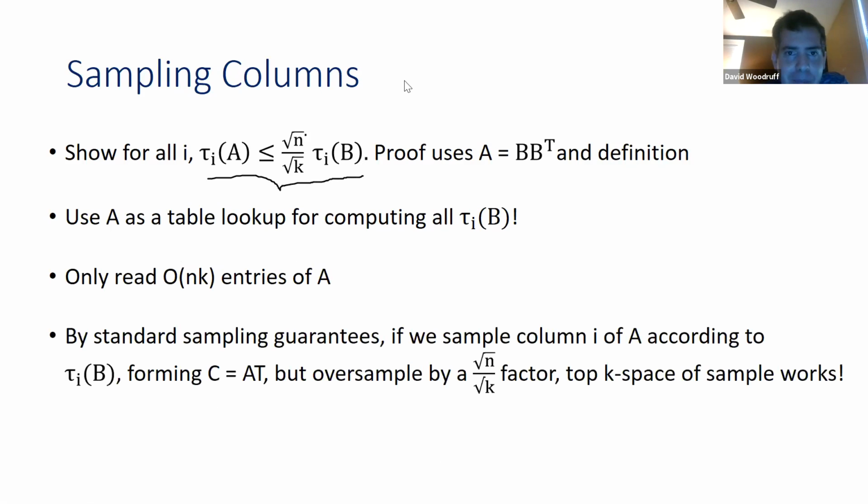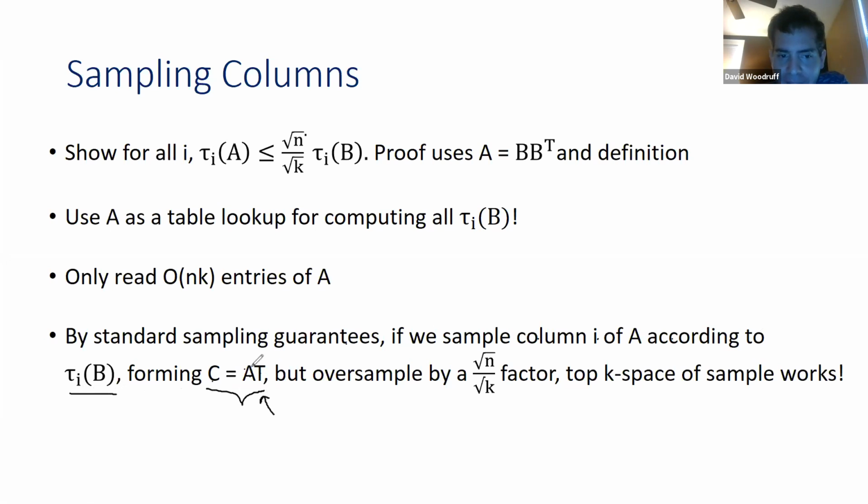And by standard sampling guarantees, if I don't have the exact sampling probability, but I have some upper bound on it, then all I have to do is oversample by that upper bound. So if we sample column i of A, instead of according to the ridge leverage score of A, which we'd like to, but we sample by the ridge leverage score of B, we form this matrix C, which stands for columns, equals A times T. T is just a sampling matrix.